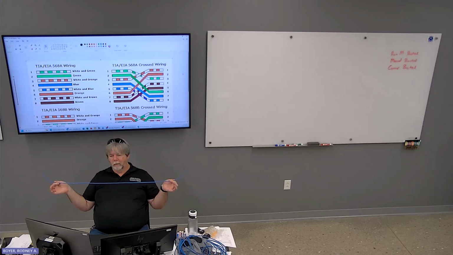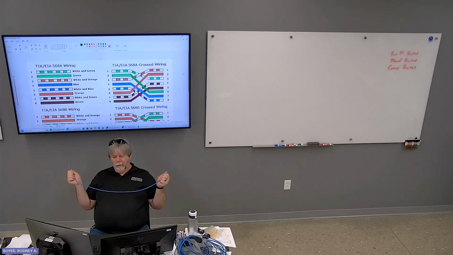You normally cannot do that under normal conditions, just take a regular cable. If you try to connect two devices together with just a regular old cable, it may or may not work. It depends on the network interface card, the NIC.